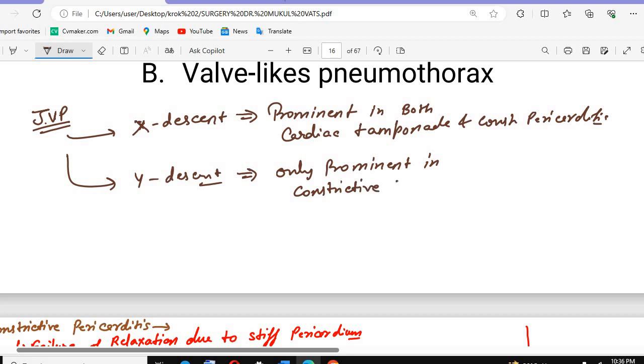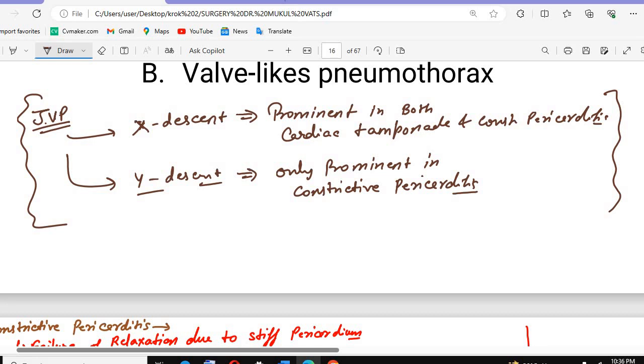And this question came in the FMG exam about the JVP. Related to these questions, they put some things and after that they ask you about the Y descent. So if you know that the Y descent is only prominent in constrictive pericarditis, then if there is a prominent Y descent, we can understand this is talking only about constrictive pericarditis.